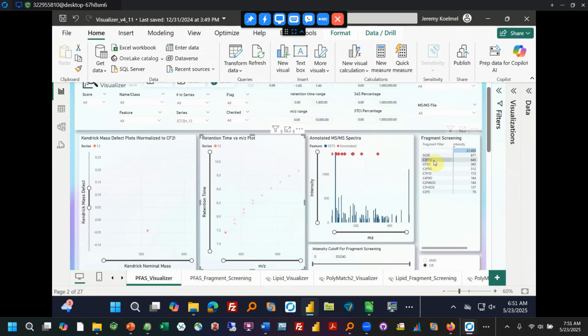I actually see C3F7O at higher abundance than CF3O. And then I see C2F5O as well. So there's multiple isomers here where that oxygen is linked to the rest of the chain.